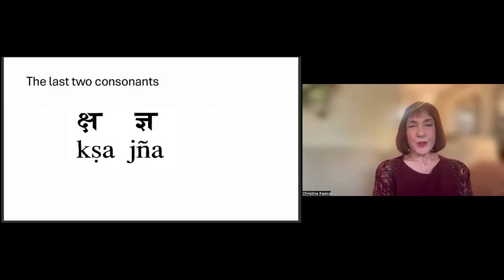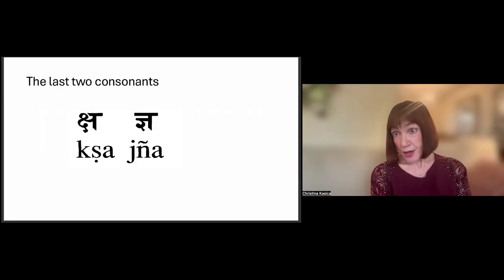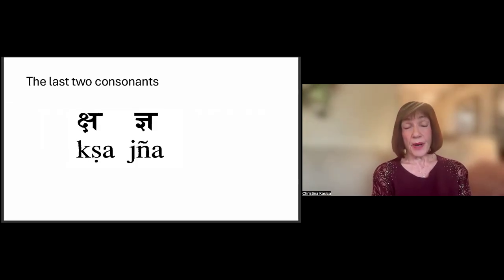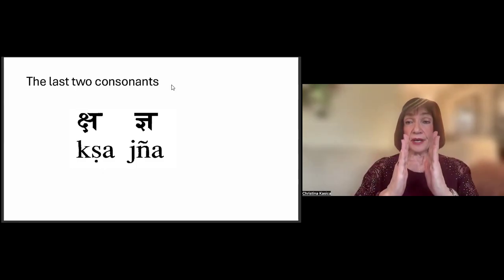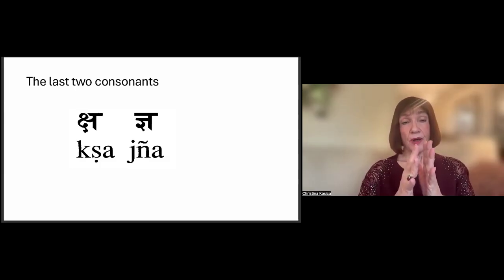So this first one on the left is a ksha. Everybody open their mics and say ksha. Ksha. And that is a guttural ka and a cerebral sha jammed together into a compound consonant.